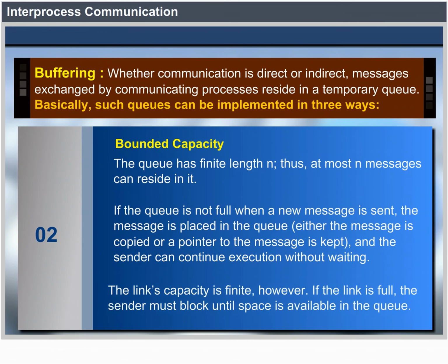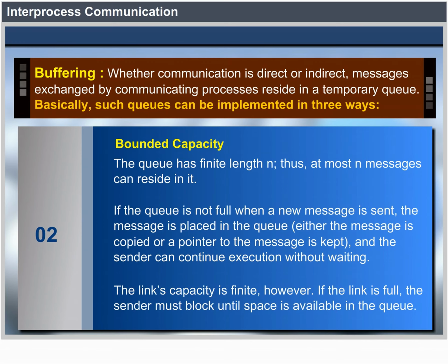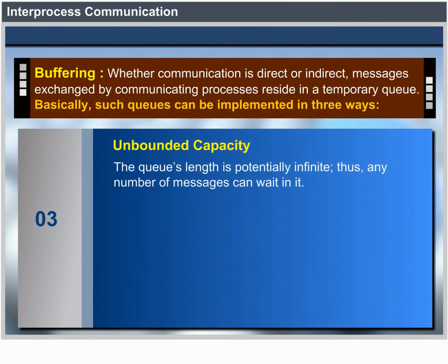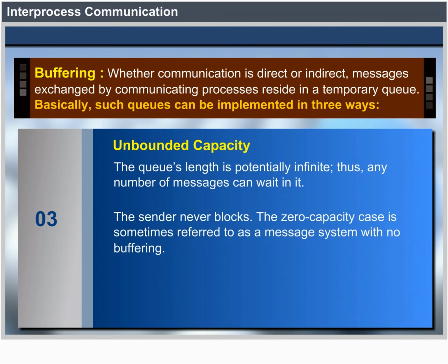If the link is full, the sender must block until space is available in the queue. Unbounded capacity: the queue's length is potentially infinite, thus, any number of messages can wait in it. The sender never blocks. The zero capacity case is sometimes referred to as a message system with no buffering. The other cases are referred to as systems with automatic buffering.